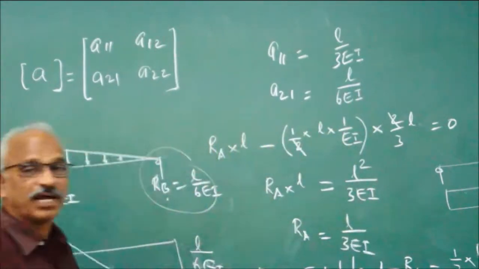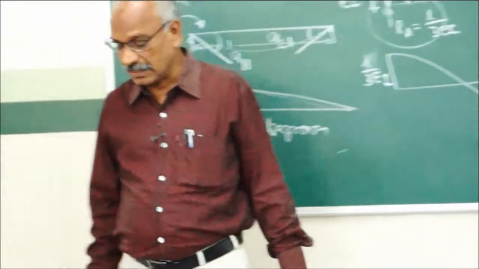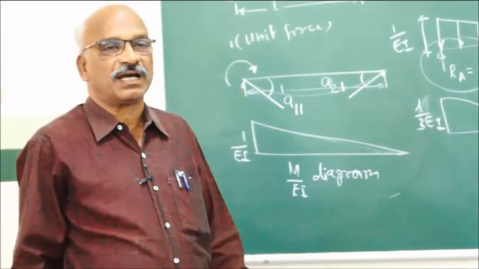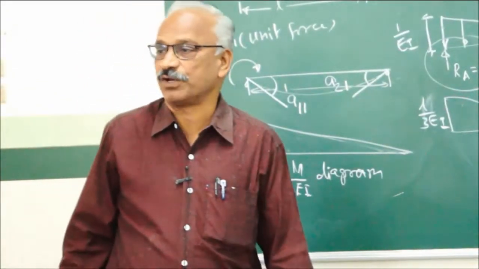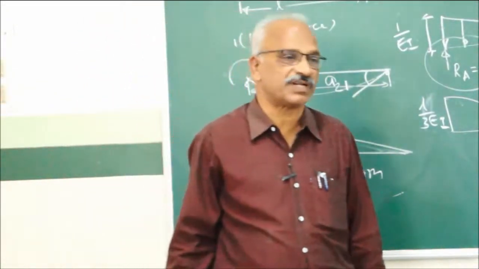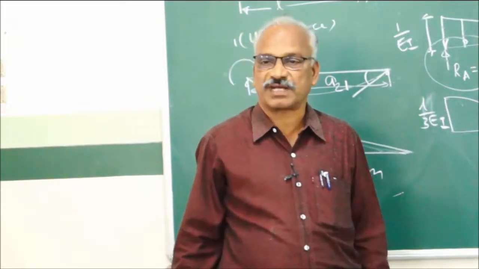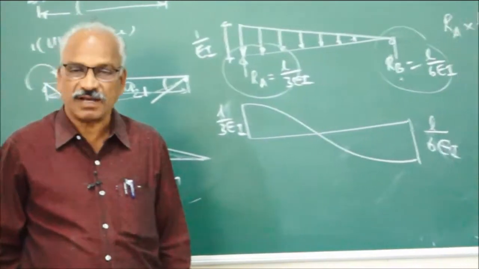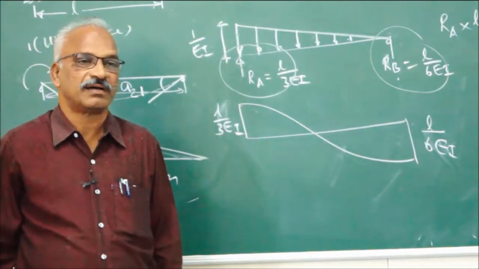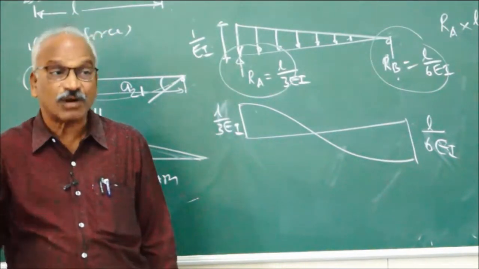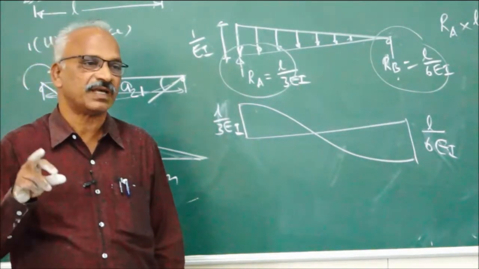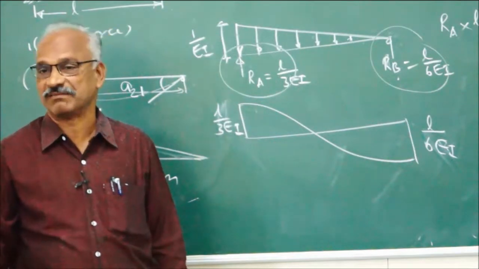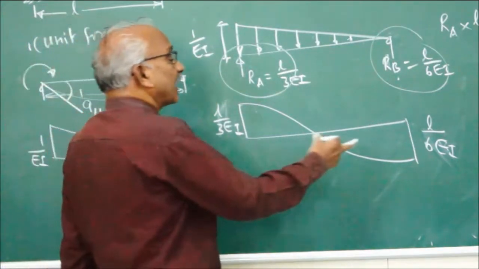Right. One more point to be noted here is what is the sign convention that we follow for shear force? Left up, right down is positive. Now here, it is right up.